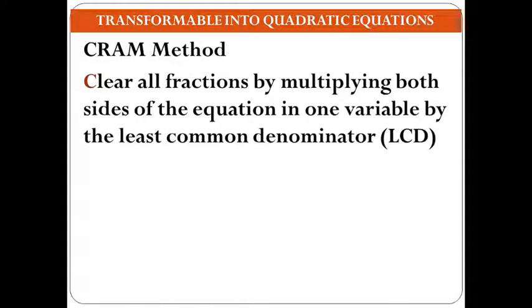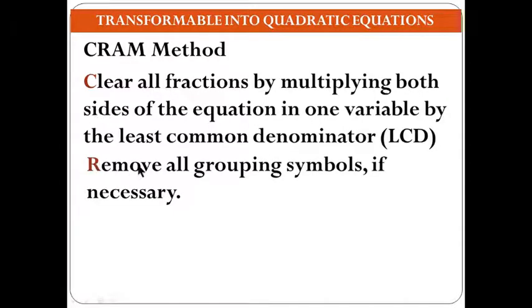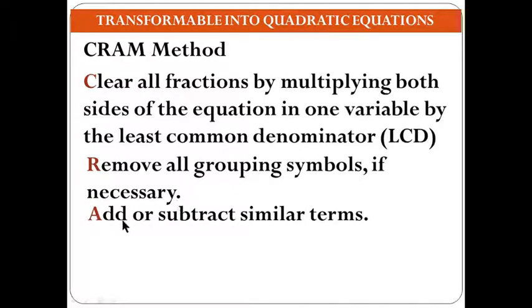So, C ay clear all fractions by multiplying both sides of the equation in one variable by the least common denominator or yung ating tinatawag na LCD. So, yung R naman ay remove all grouping symbols if necessary. For A, add or subtract similar terms.